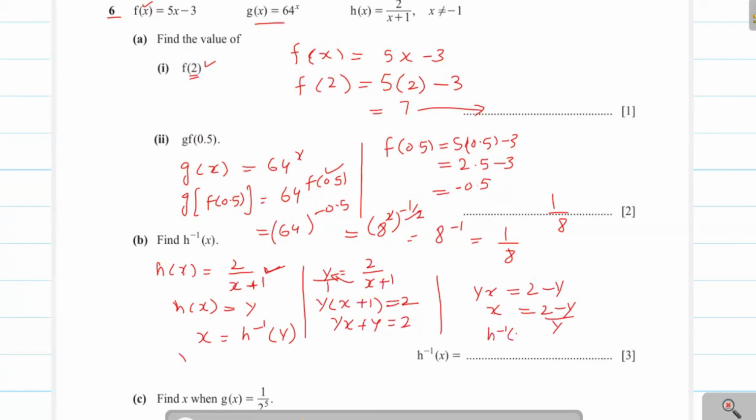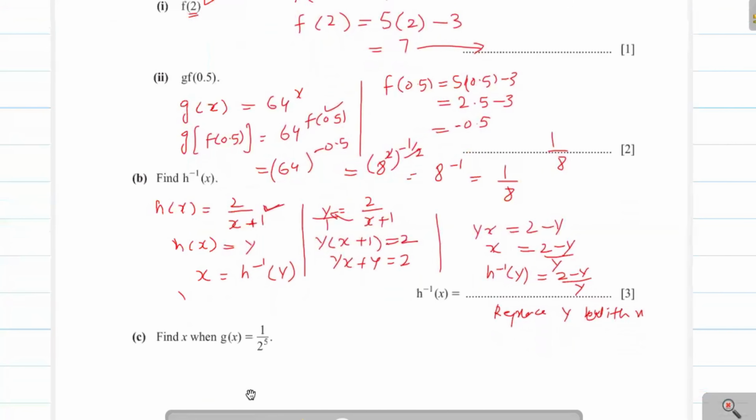We can write h inverse of y equal to 2 minus y over y. Now we replace y with x. We get h inverse of x equal to 2 minus x over x, and this is the answer.